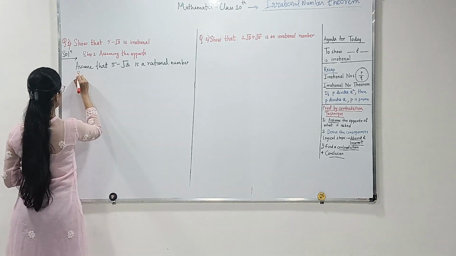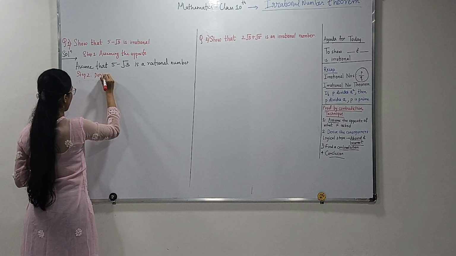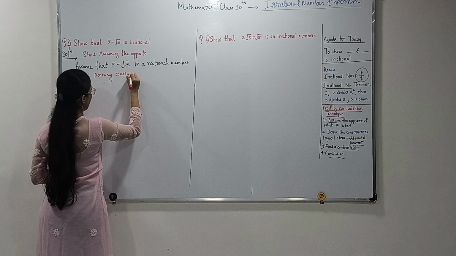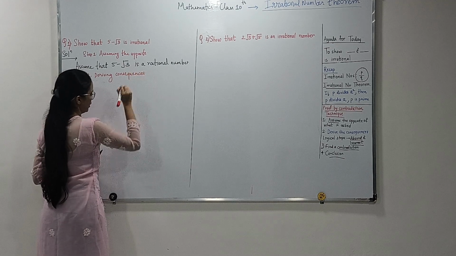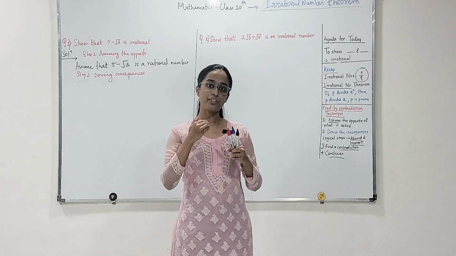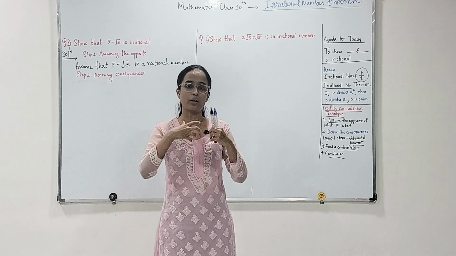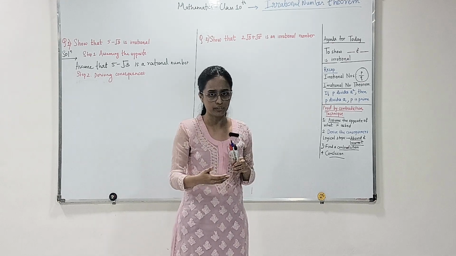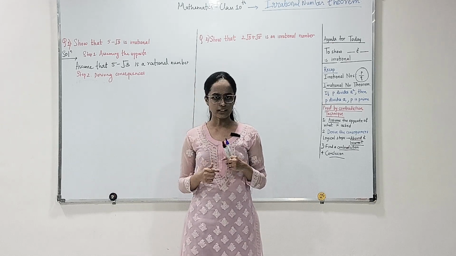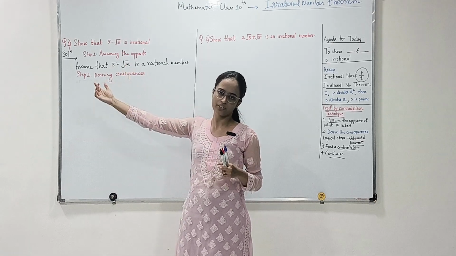So, step 2: deriving consequences. Always remember, students, consequences are of the actions that we take, or they are an outcome of something that we have done previously. So here, what we have done previously is assume that the given number is a rational number, and that is why now we are deriving the consequences of this assumption.